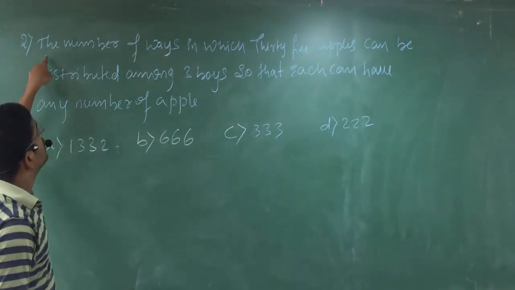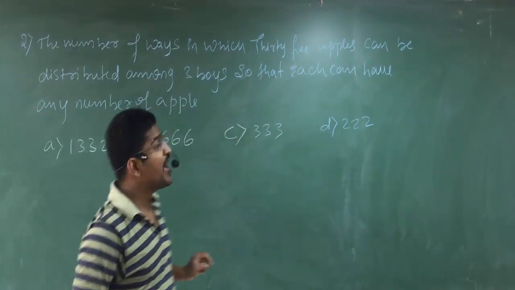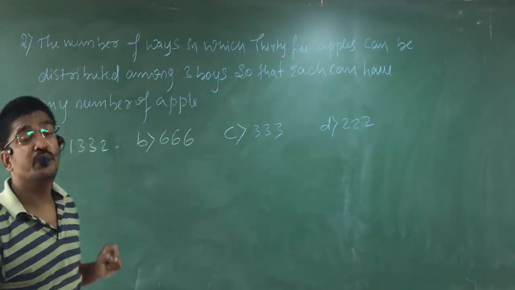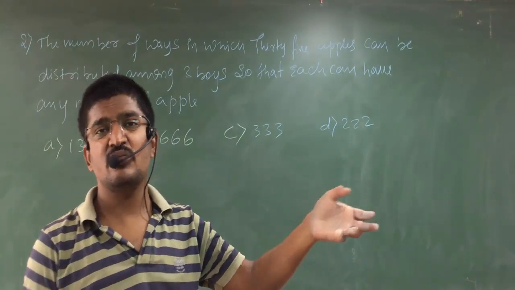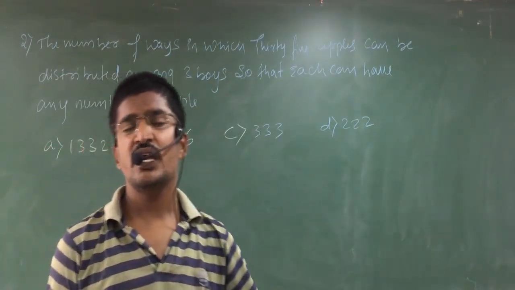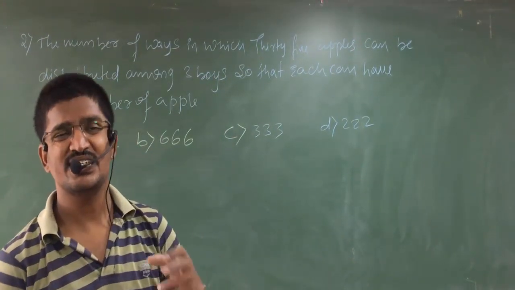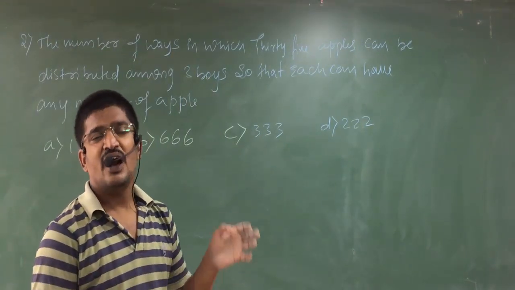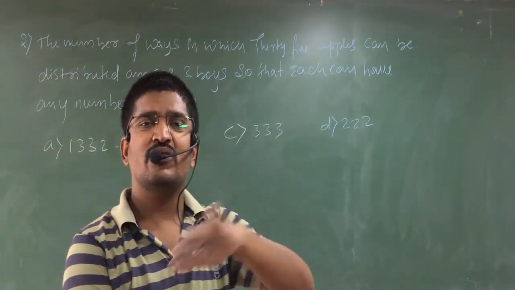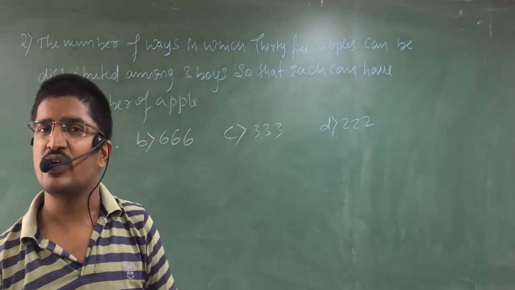See, the number of ways in which 35 apples can be distributed. Here distribution and selection are both the same. Distributing, selecting, all are synonyms, so no problem. Distribution means giving, spreading. Selection is again the same kind of problem. Selecting 35 or distributing 35, no problem.